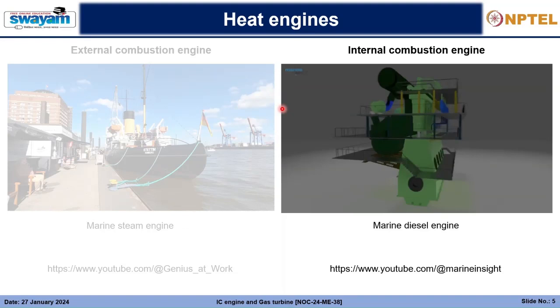The only thing required is diesel and air, mixed inside the combustion chamber, not outside. Finally, due to the combustion, forces act on the piston, which you will learn later, and it will rotate the crankshaft. So that's the entire thing, external and internal combustion engine.